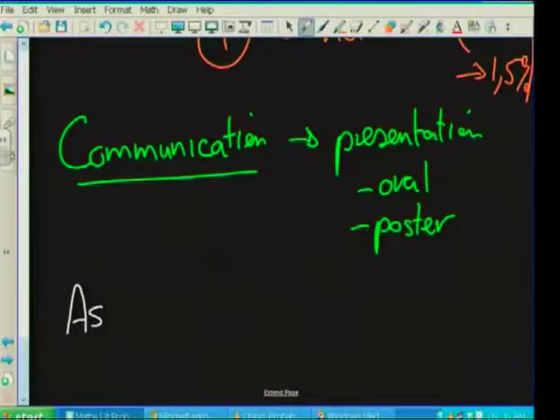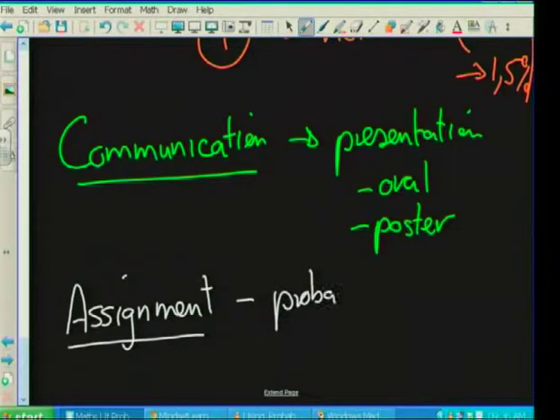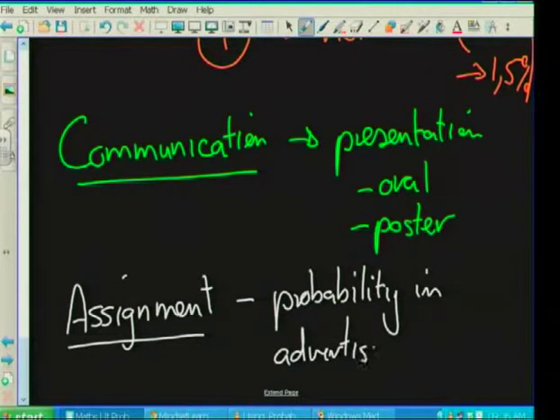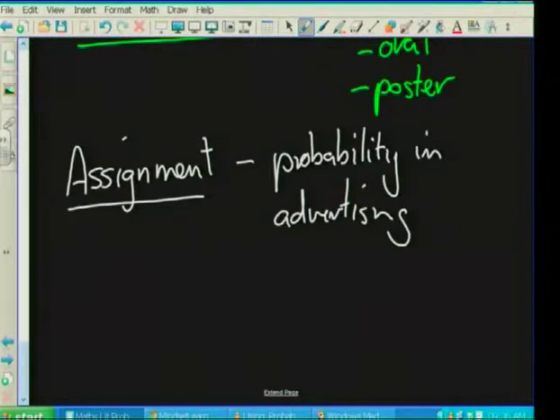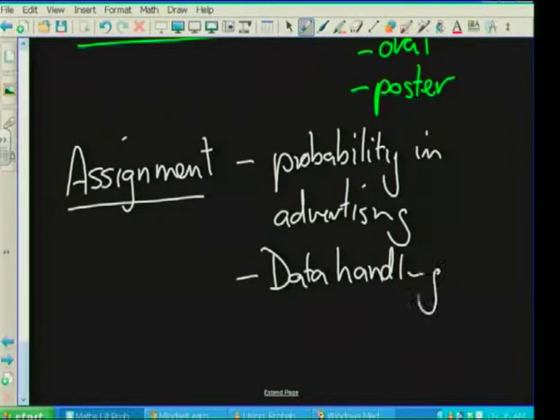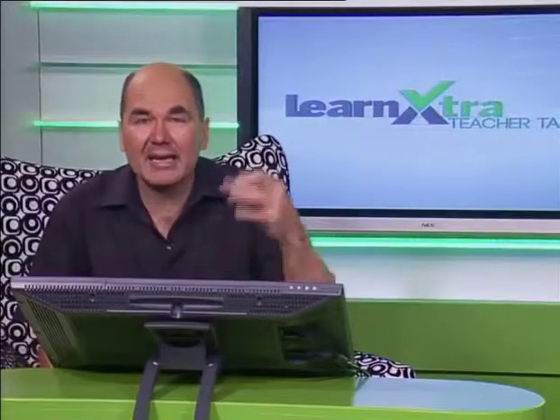The other idea is to look at an assignment that is possible for grade 11s and 12s, which is to look at probability in advertising. This links very well to data handling, and the sections of data handling and probability are intermarried and interconnected.